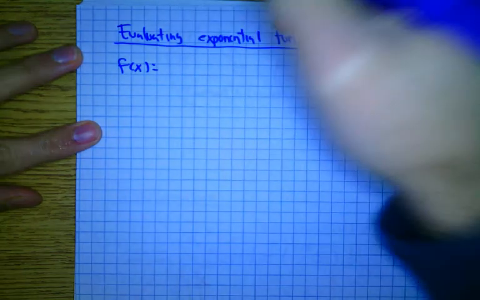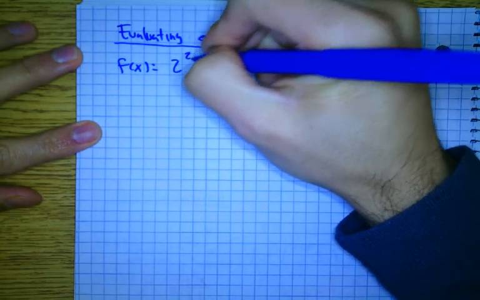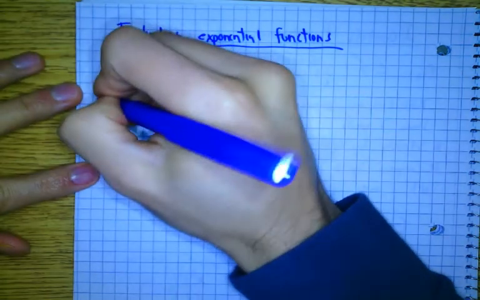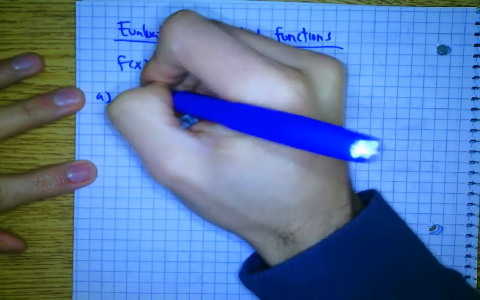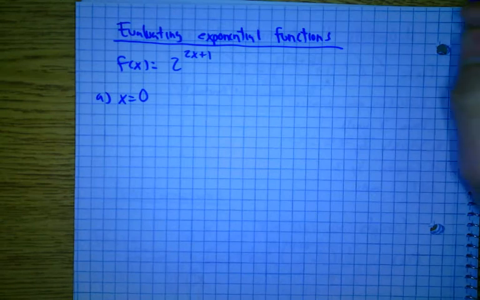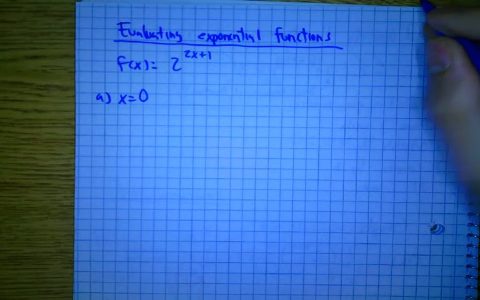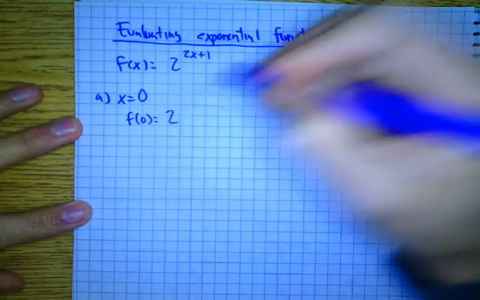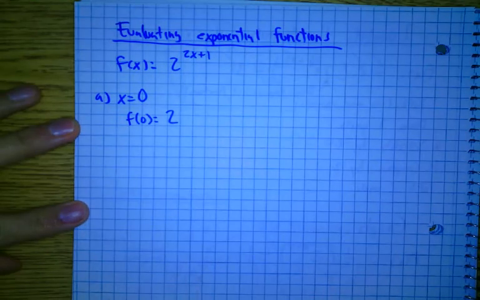Cool? All right. If I ask you to evaluate at x equals 0, what would you do? Input 0. So f of 0 is equal to 2 to what power? 1, which is equal to 2. Right? So that's easy.